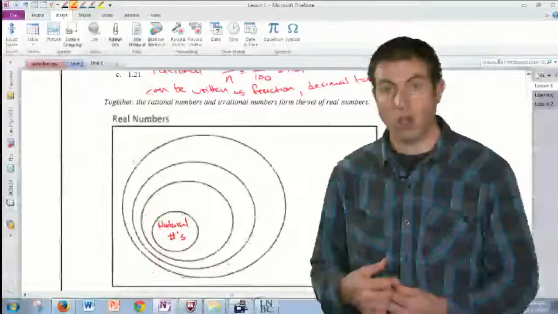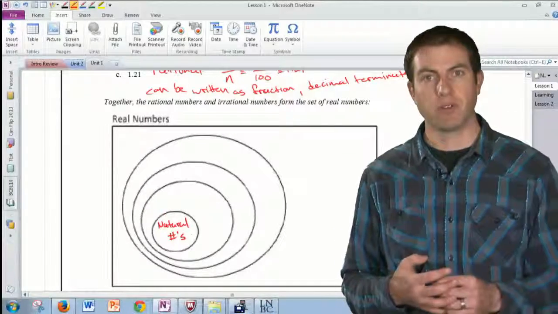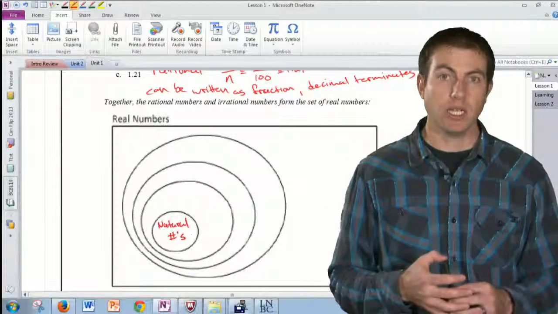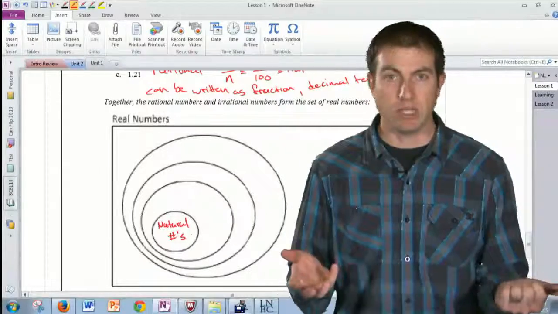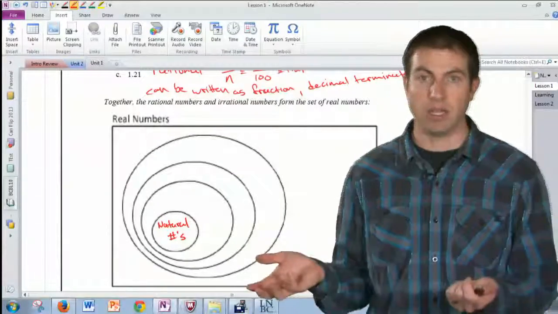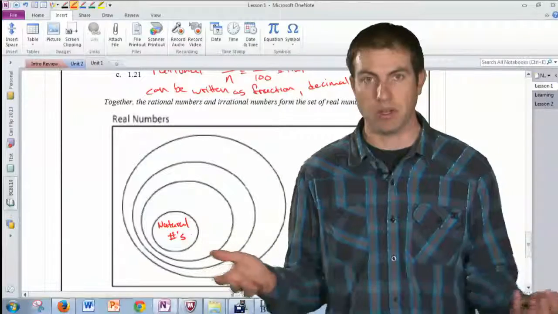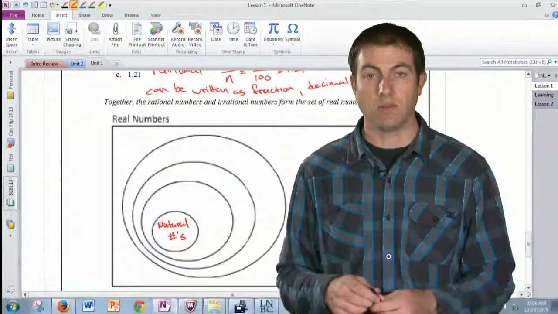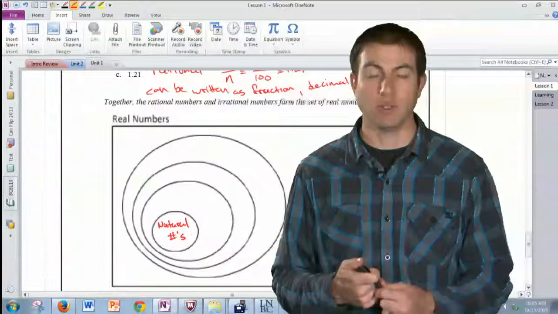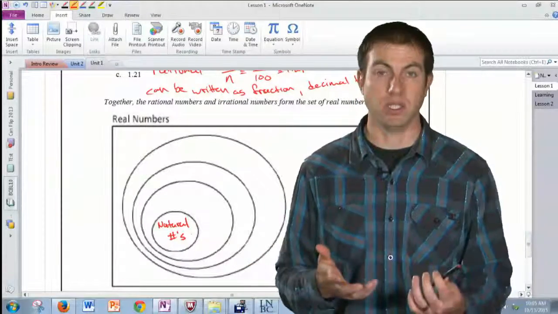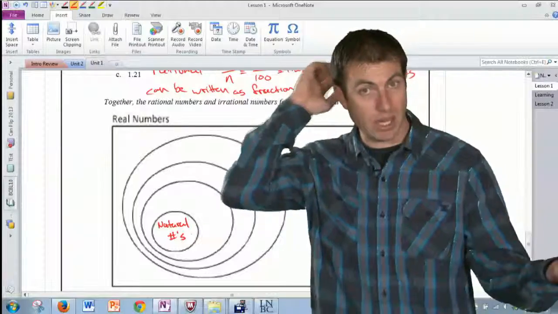Now, it seems really strange, but for a long time, nobody had anything that represented 0. If I was just counting things, if I didn't have anything, why do I need to represent nothing with a number? So it literally wasn't for thousands of years of counting things until a few civilizations came up with the idea of 0 being representative of there being nothing.